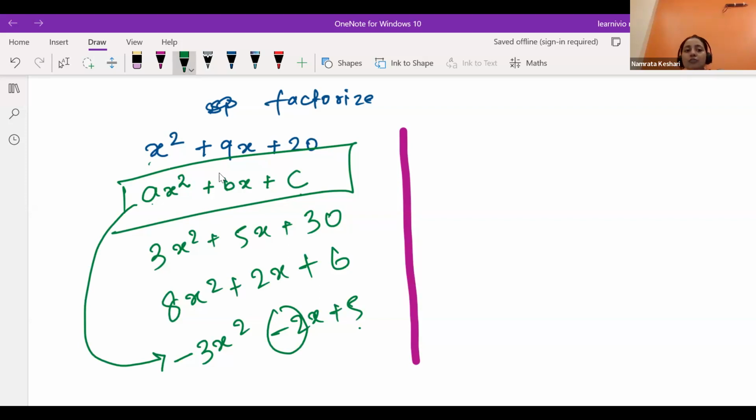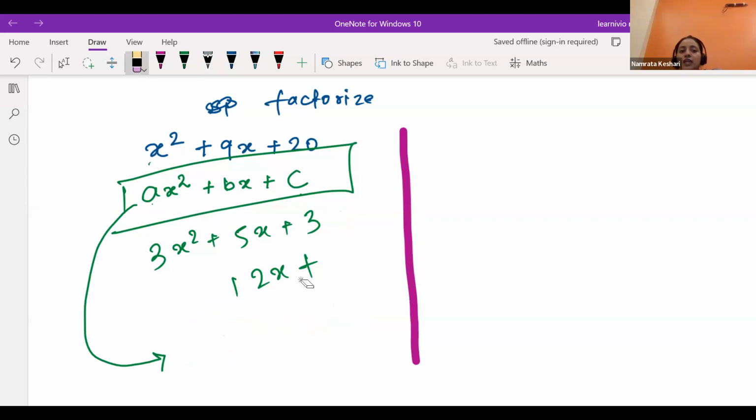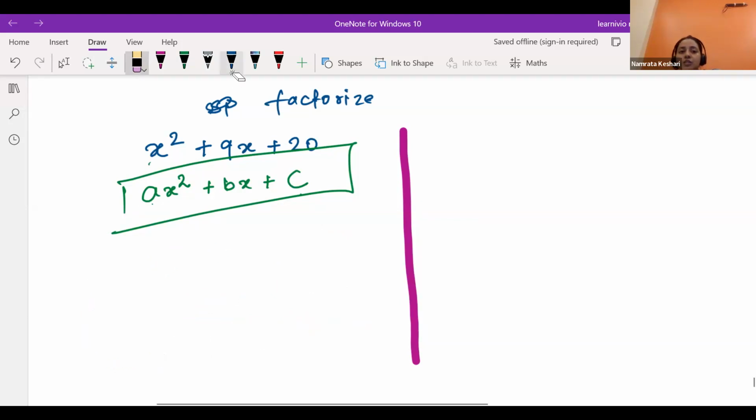Our polynomial also looks like this, x square plus 9x plus 20. So if I ask you, according to the question we took at first, what is a, what is b, what is c? Can you tell me? A is x square, B is 9x and C is 20.